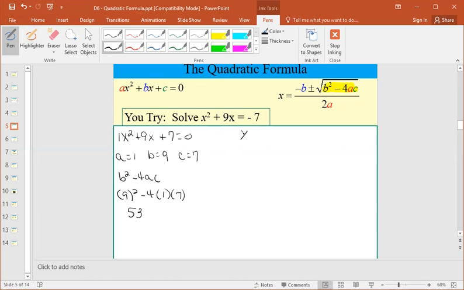Now I'm going to plug into my formula. The opposite of b, which is +9, plus or minus the square root. This is our 53 we just found. And 2 times a, 2 times 1. So -9 plus or minus the square root of 53 divided by 2. This square root of 53 is not a perfect square, so we're going to leave it alone.